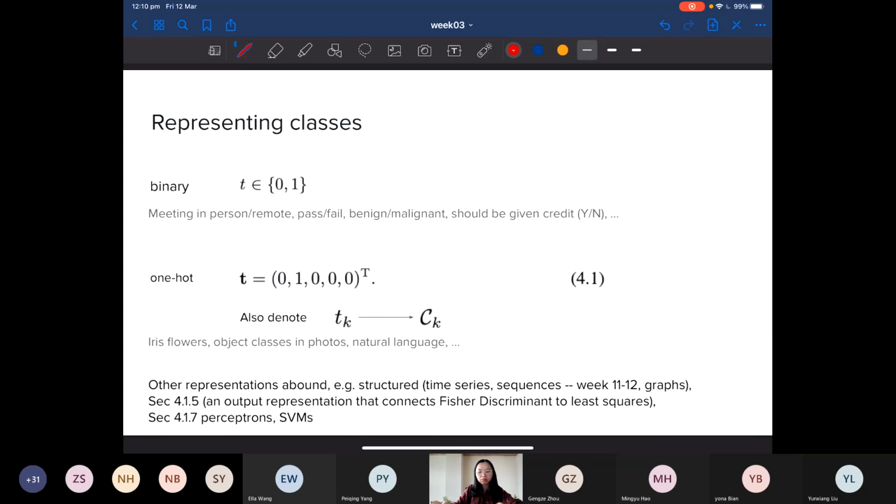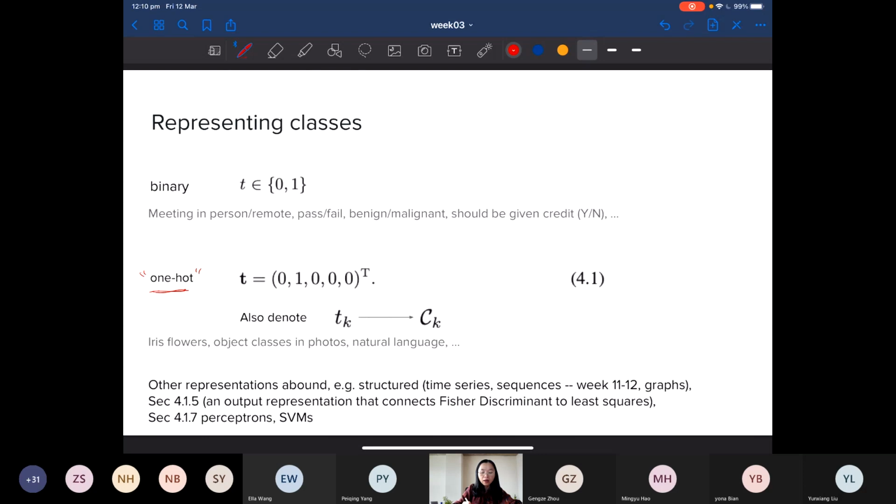So what if we have many classes, which also happens a lot? One of the preferred representations currently in practice is what's called one-hot encoding. That's the name. It's called one-hot because now we represent the K classes as a K-dimensional vector, right?